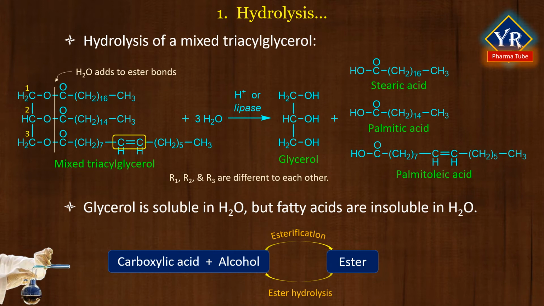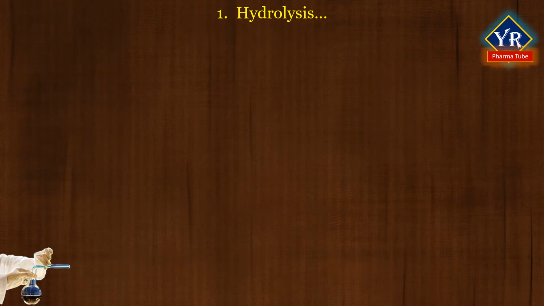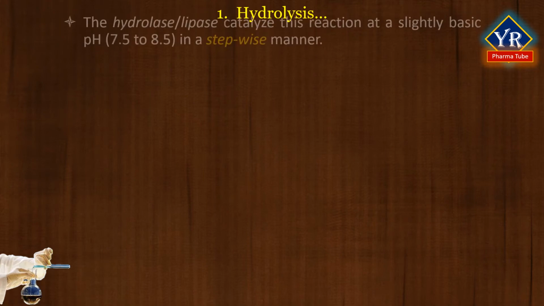If one or more of the fatty acid residues remains attached to the glycerol, the hydrolysis process is called partial hydrolysis. The hydrolysis or the digestion of dietary triacyl glycerols to small molecules is necessary for their use because triacyl glycerols are too large to diffuse through the intestinal membranes.